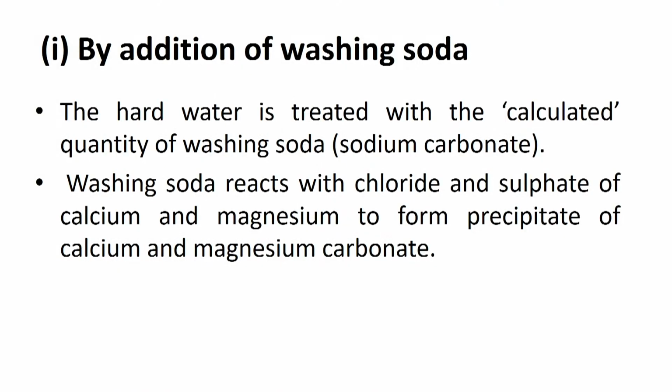By addition of washing soda: when hard water is treated with the calculated quantity of washing soda, or sodium carbonate, the washing soda reacts with chlorides and sulfates of calcium and magnesium to form precipitates of calcium and magnesium carbonate. The reaction is calcium chloride plus sodium carbonate.